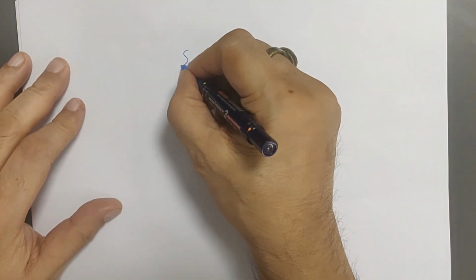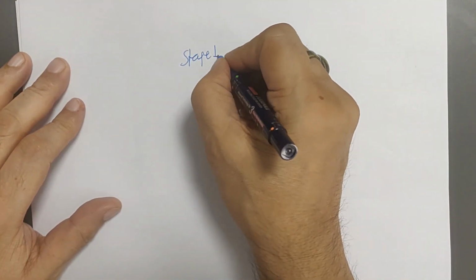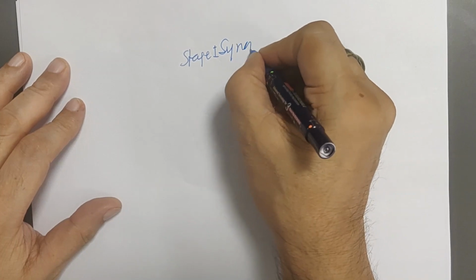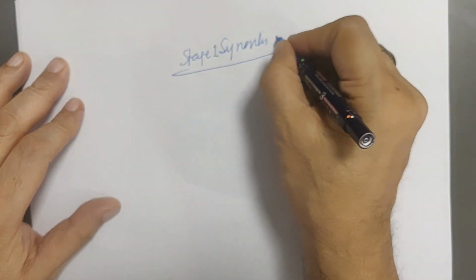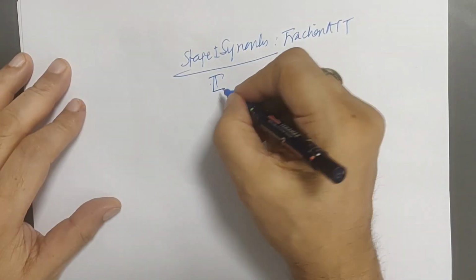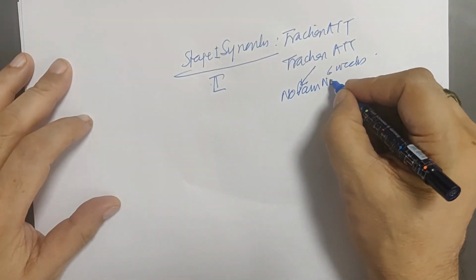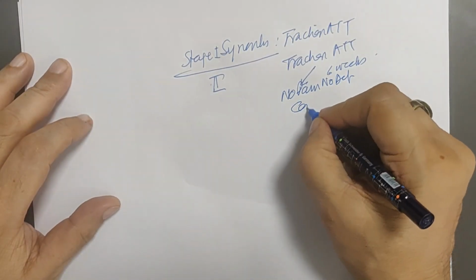Now, in stage 1 or synovitis, treatment is traction and ATT. In stage 2, it is traction and ATT, and then if in 6 weeks there is no pain, no deformity, then it is continue.